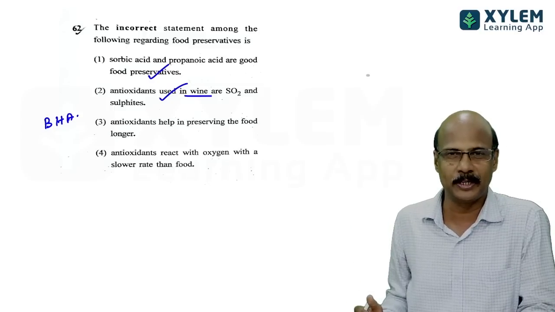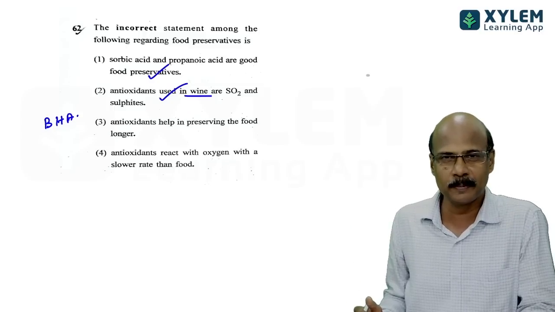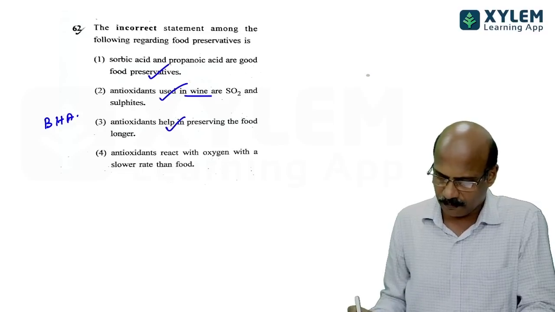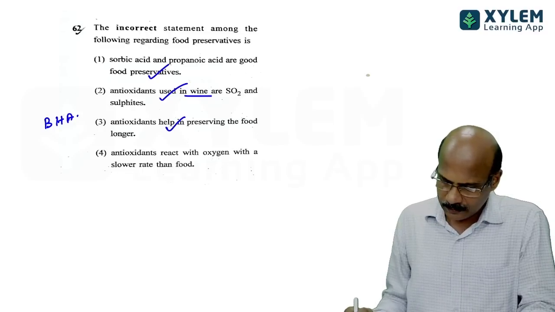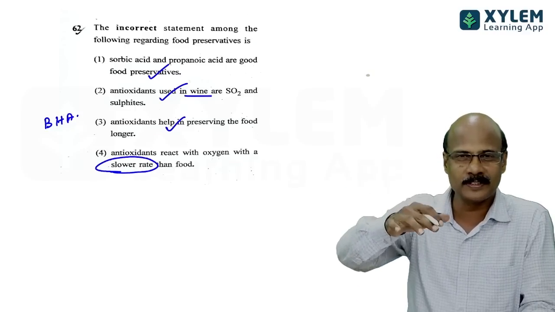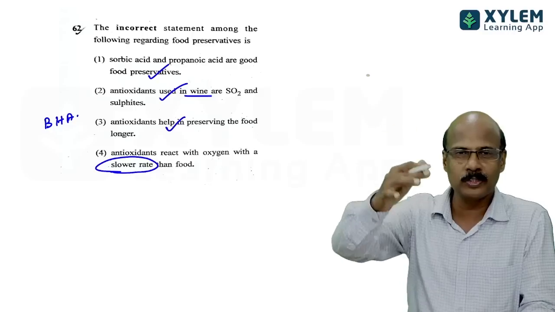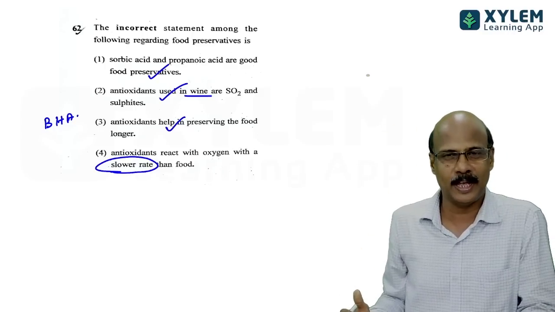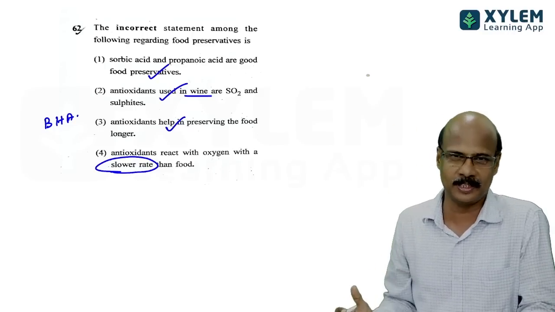BHA, butylated hydroxyanisole, is a very good preservative for butter. So it will increase the shelf life. Antioxidants react with oxygen at a slower rate than food: it's wrong. When antioxidants are added to food, the oxygen readily consumes the antioxidant, so that oxygen will not disturb the food.